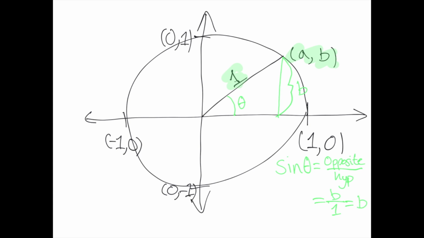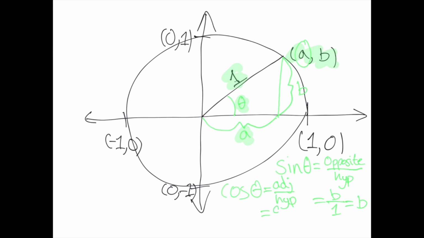We also notice that this length here is going to be a. This is because we have up here the coordinate a. Similarly, cosine of theta is going to be equal to adjacent over hypotenuse. Of course, adjacent to this angle theta is going to be a.